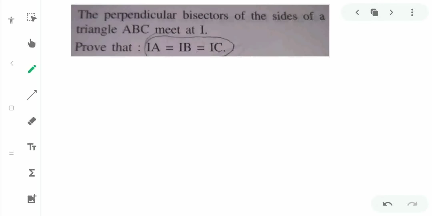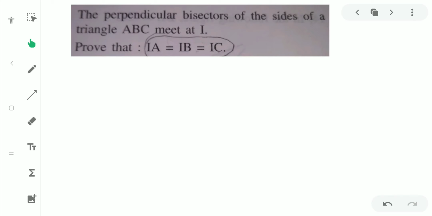Now let us go on to the next question. The question is on your screen. The perpendicular bisectors of the sides of triangle ABC meet at I. Now prove that IA is equal to IB, which is equal to IC.